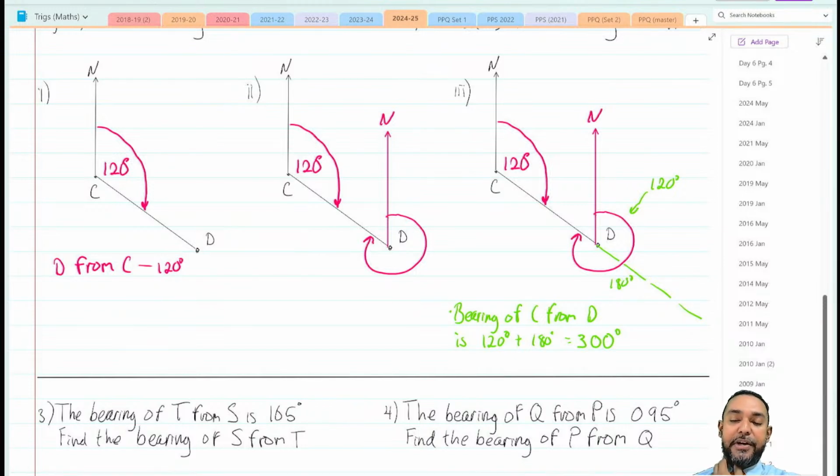Initially, you could call them obtuse angles, bigger than 90, less than 180.